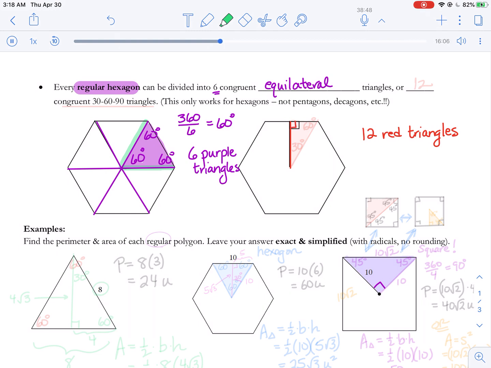So that was 60, right? When you cut that in half, you now have a 30, 60, 90. So how many of those triangles would there be? There's 6, the purple triangles. How many red triangles would there be? There'd be 12, right? So if you wanted to look at the congruent 30, 60, 90s, there would be 12 of those.